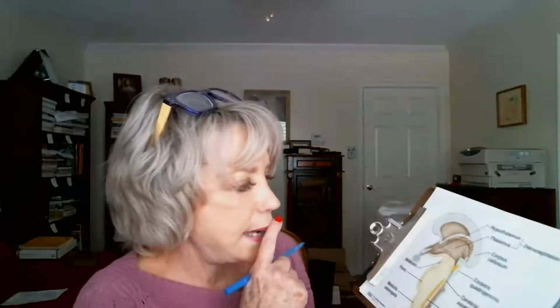Now, the next thing I wanted to talk about was the discussion of the cerebral spinal fluid. And I think that isn't the one I want to show you. It's this other one.